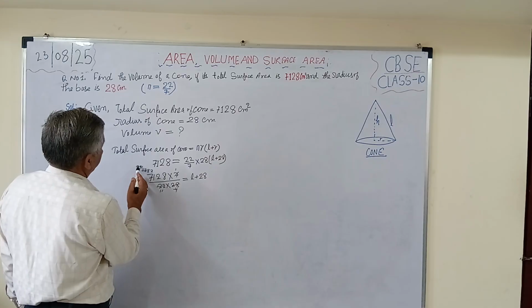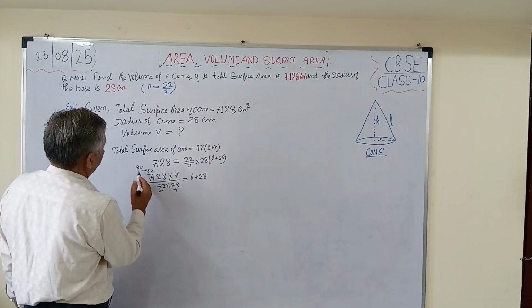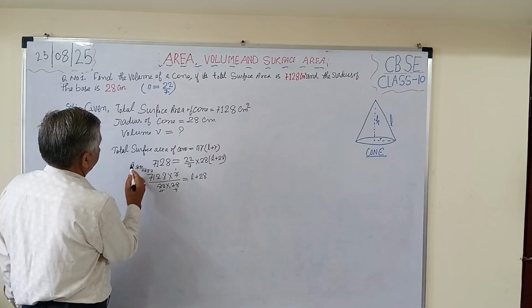Now this can be divided by 11: 11 times 8 is 88 and 11 times 1 is 11.